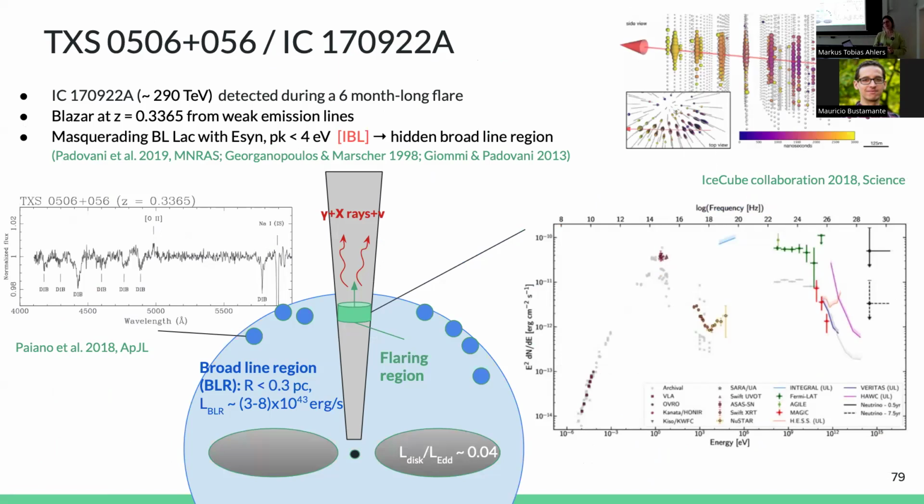The short answer is no, because we don't have the angular resolution with any of the instruments currently to identify sizes that are smaller than a parsec. It might be possible for kiloparsec scale jets from AGN with the Chandra telescope to identify knots, but on kiloparsec scales. So currently we don't really know where the gamma rays, the X-rays, and so on are coming from, because we cannot image the source.